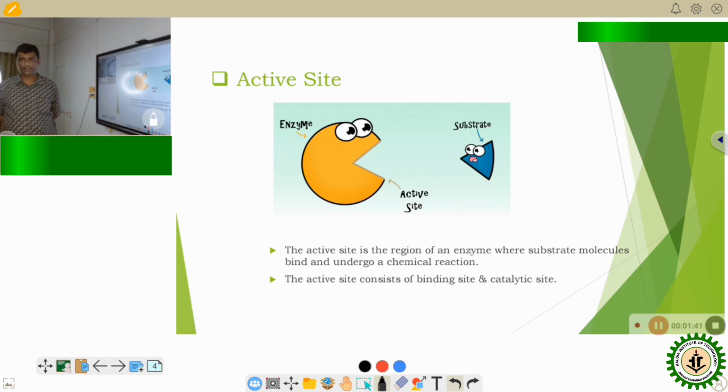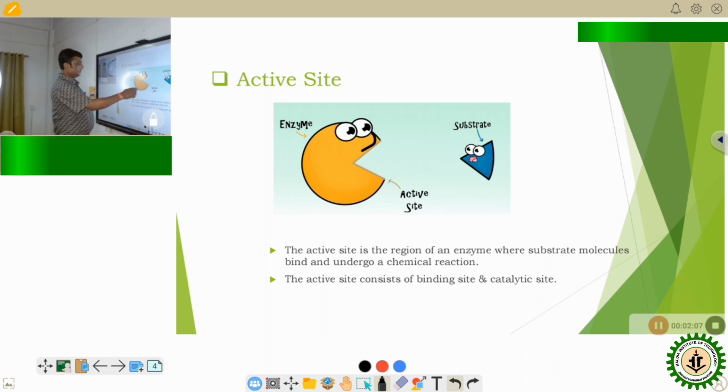What is the active site? As we know, enzymes are polymers of amino acids. That means they are made up of a large number of amino acids. Suppose this one is an enzyme. This enzyme has a large surface area, and at each and every place there is a specific amino acid.